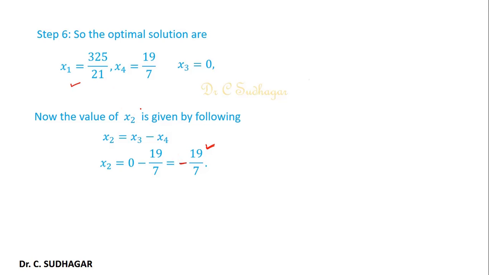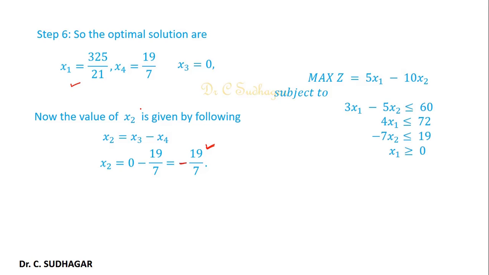Okay, so we got the value of x2, we got the value of x1. Once you have the values of x1 and x2, take the given question. So this is the given question. Now look at the objective function. The objective function is 5x1 minus 10x2. Therefore the objective value is z equal to 5x1 minus 10x2. We have to replace this x1 value from here and the x2 value from here.